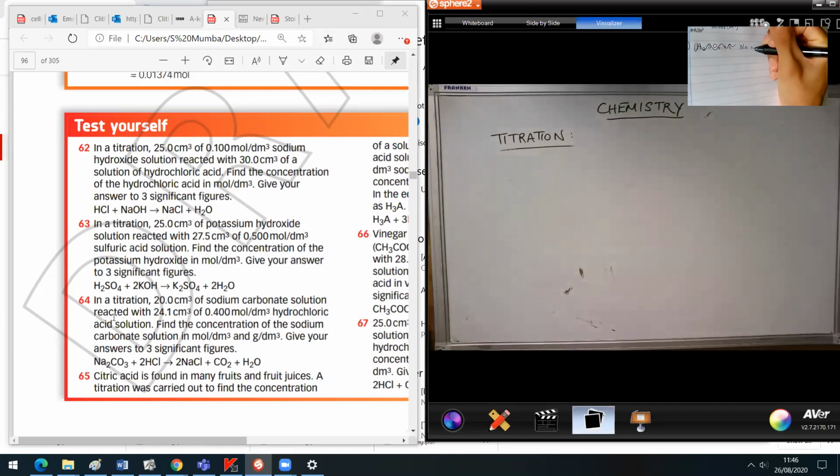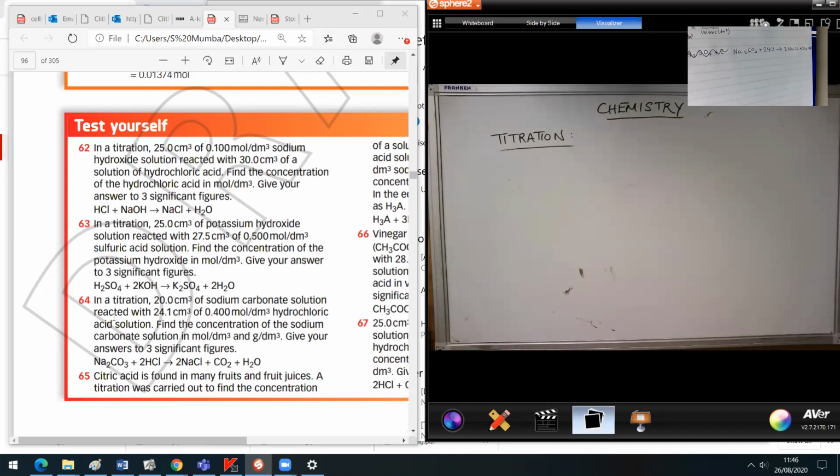Na2CO3 plus HCl goes to NaCl plus CO2 plus H2O. Okay. And then we just need to make sure it's balanced.